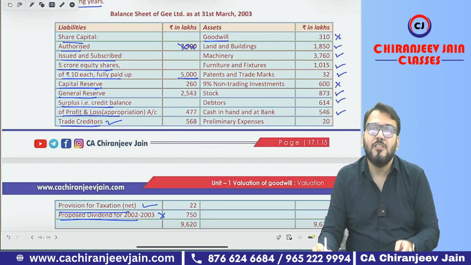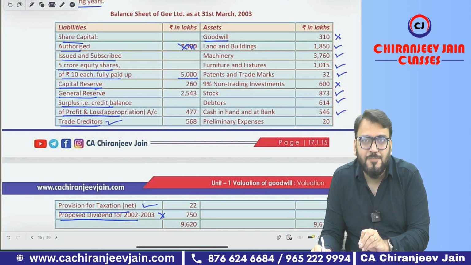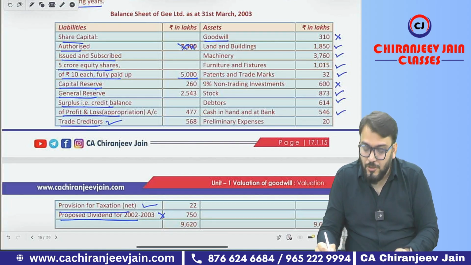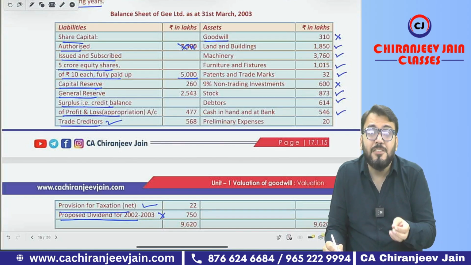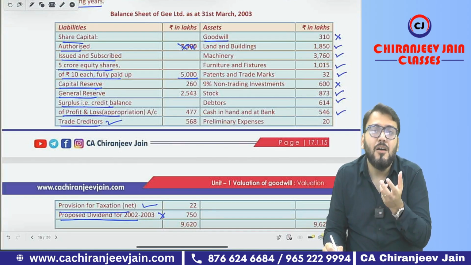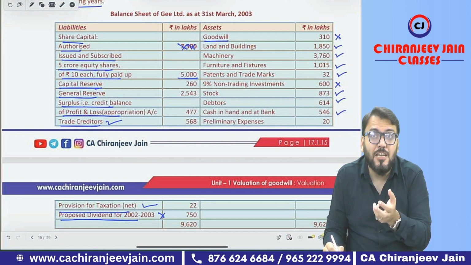Preliminary expenses. Now, preliminary expenses is actually a type of expense which should be charged to the P&L account. So if it is coming in the balance sheet, it means it is not yet charged to the P&L account. It is just like a loss, and a loss cannot be an asset.